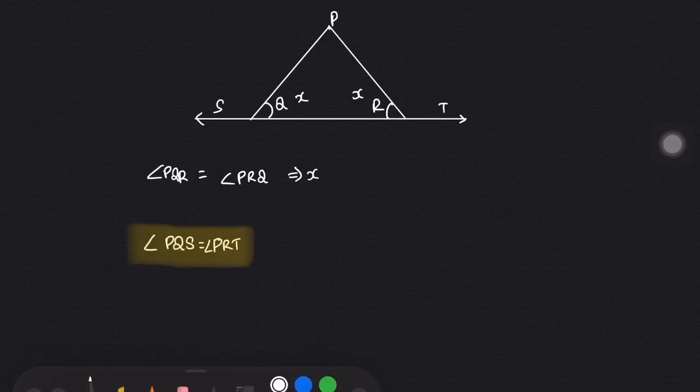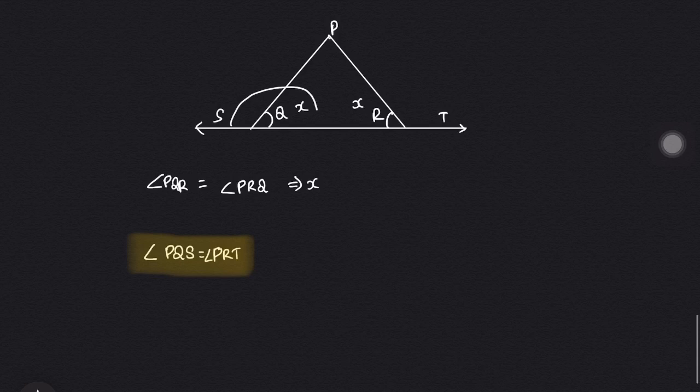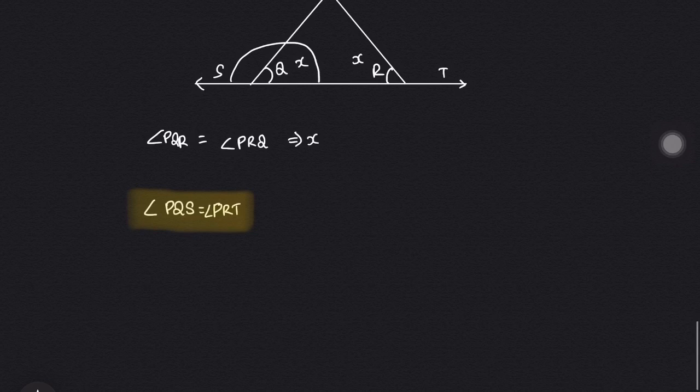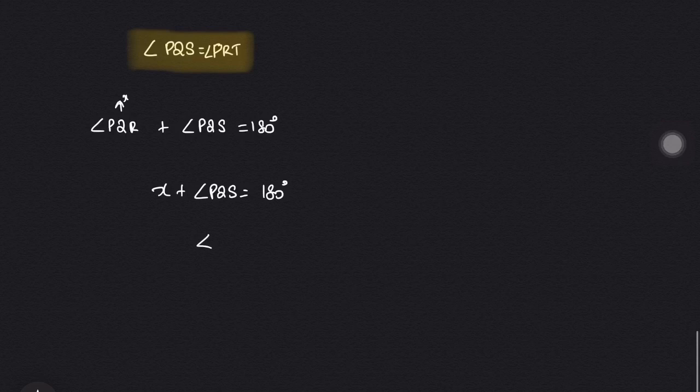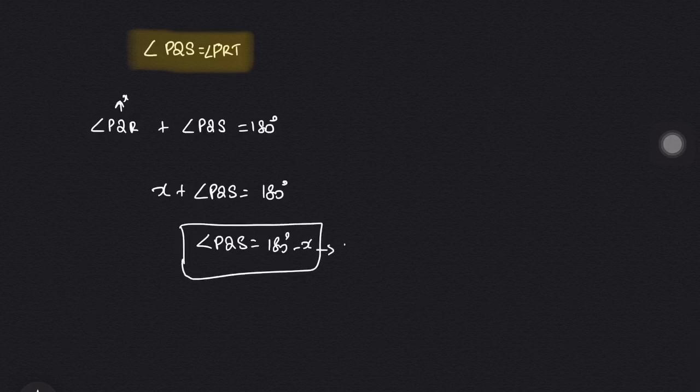First consider this is a linear pair. Angle PQR plus angle PQS is equal to 180 degrees, and PQR value is fixed as x. So x plus angle PQS is equal to 180 degrees. Then angle PQS is equal to 180 degrees minus x. So this is equation 1.